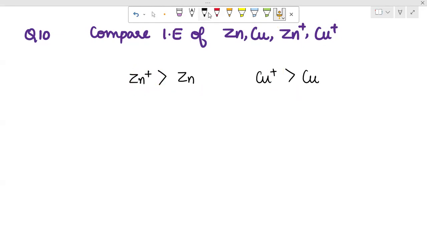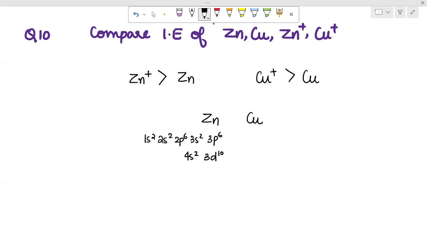Now let's compare Zn and Cu. Zn is of course fully filled. Let's try with the configuration. Zn is 1s2, 2s2, 2p6, 3s2, 3p6, 4s2, 3d10.